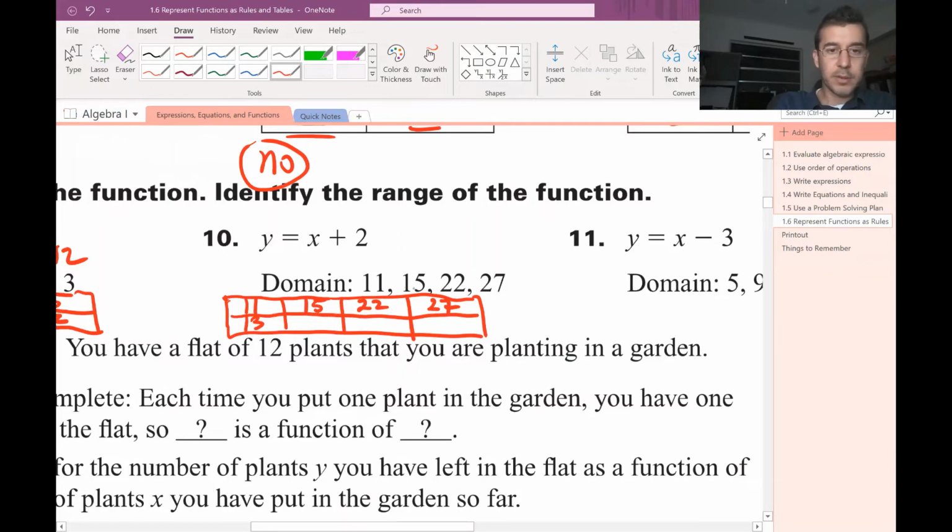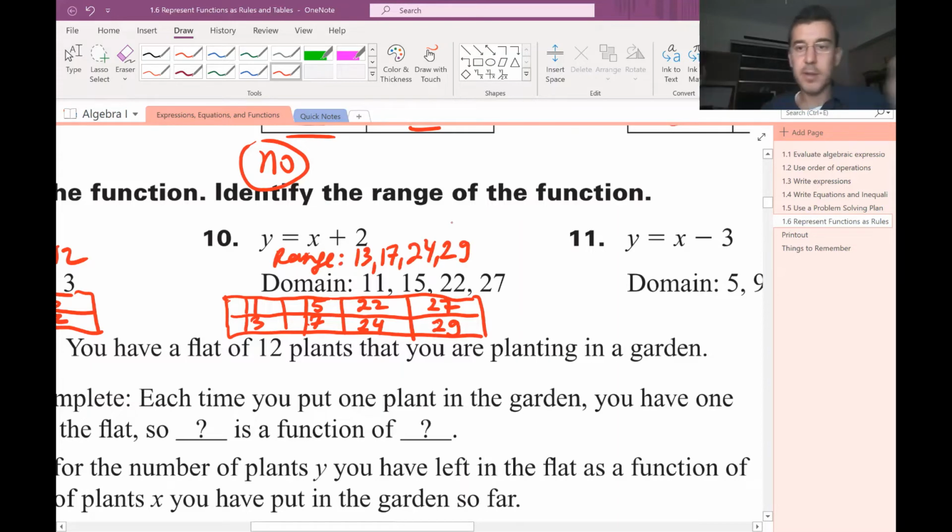Then when x is 15, 15 plus 2 is 17. When x is 22, 22 plus 2 is 24. 27 plus 2 is 29. So what's the range? The range is 13, 17, 24, and 29.